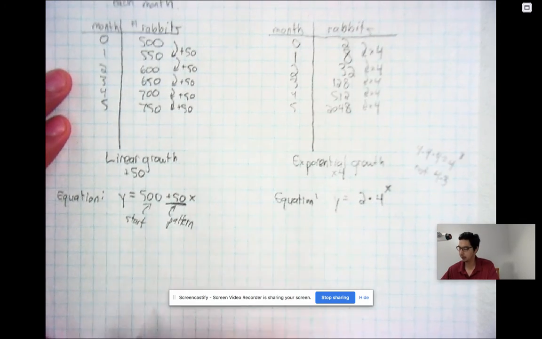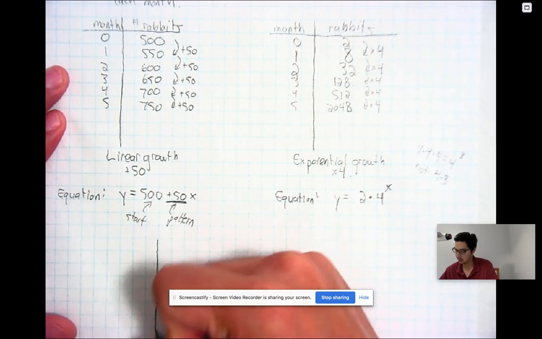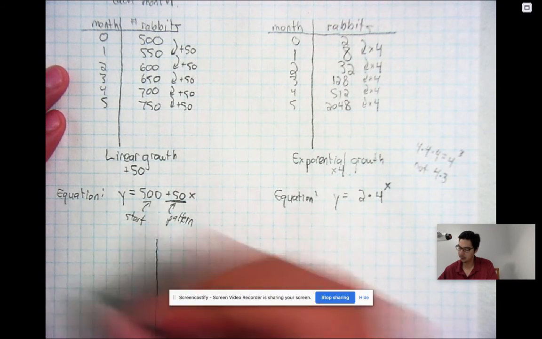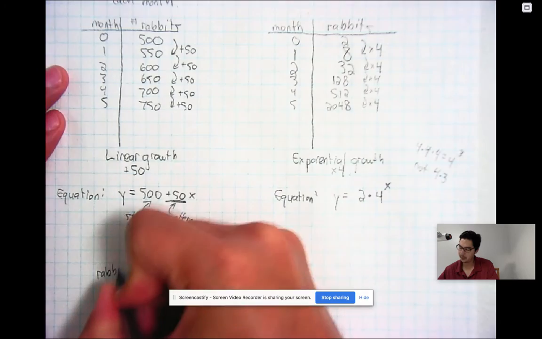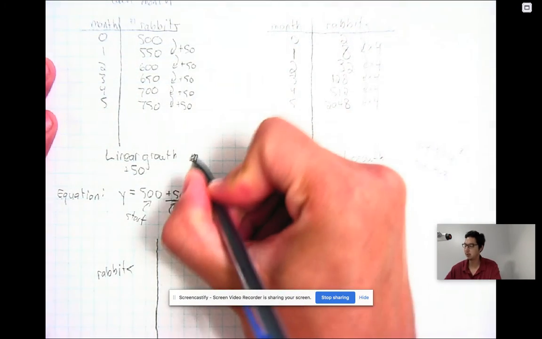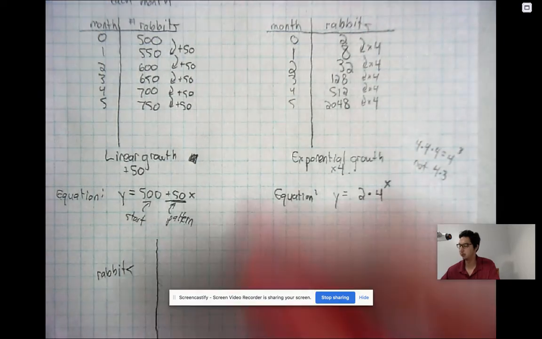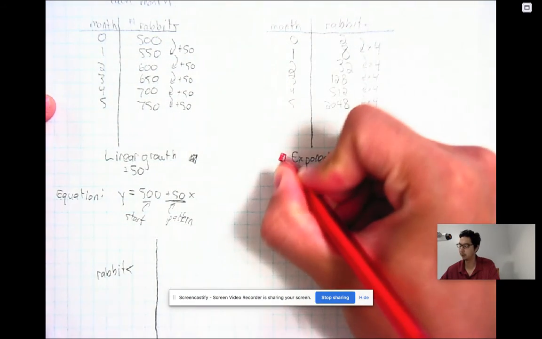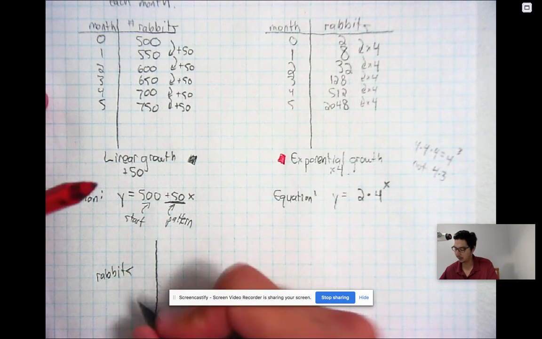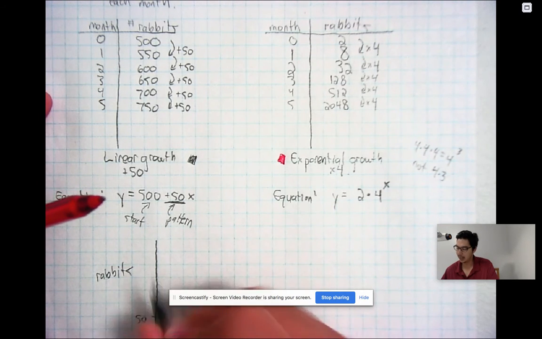So here we go. Let's look at the graph and see, did you just understand what just happened? Something big just happened. Did you see it? So we have months and rabbits, and I will do linear in pencil, and I'll do exponential in red pen, so we can compare the two. With linear, it starts at 500, and it's going to add 50.